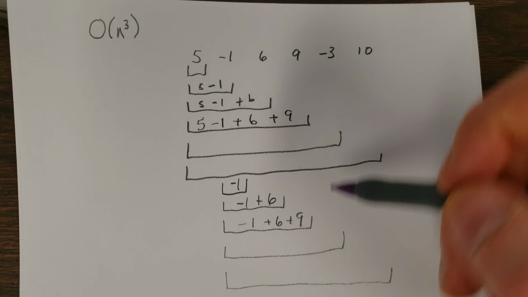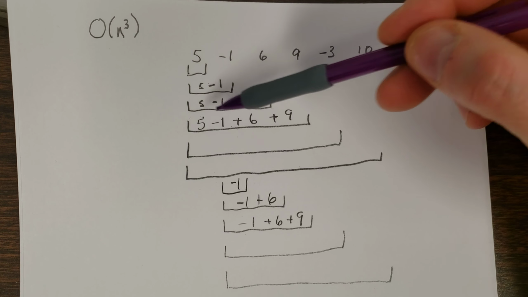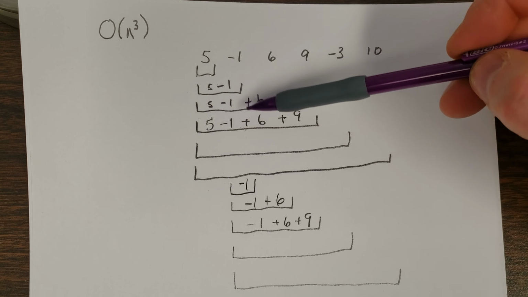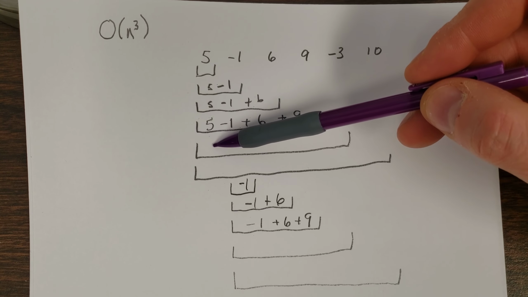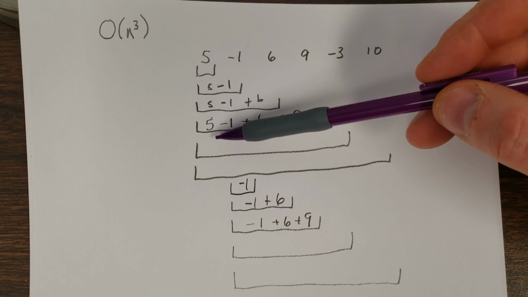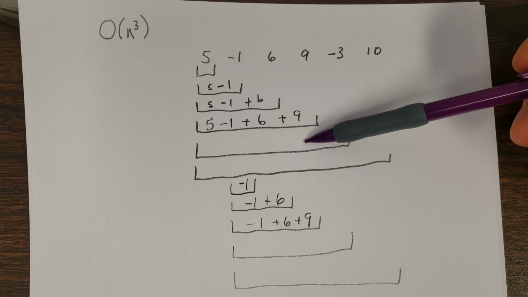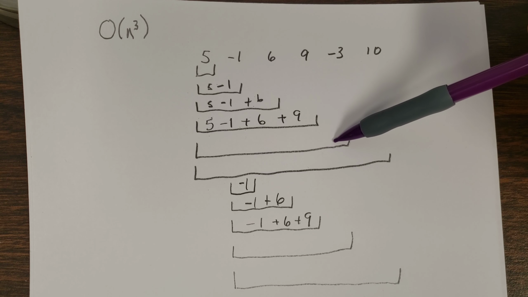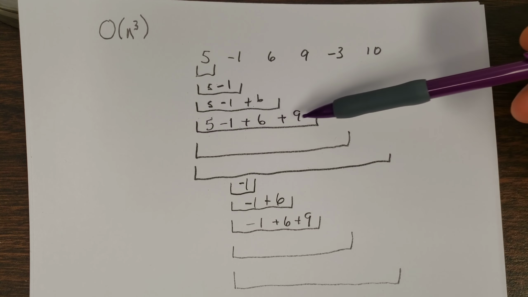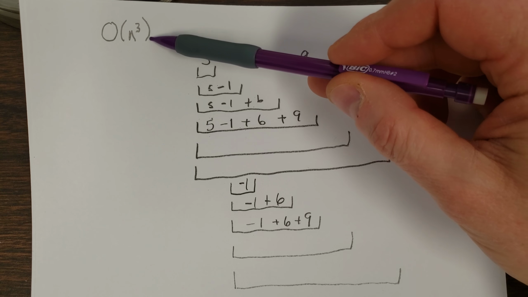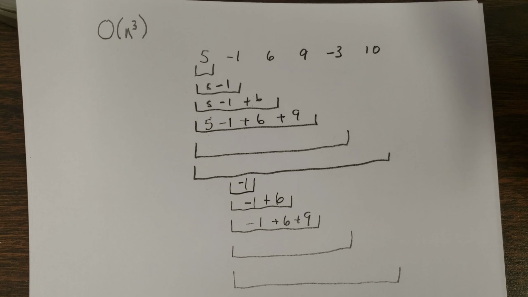This would continue going on, and we have to do a running sum each time. Each time we add a new interval, we have to start from scratch and say 5 minus 1 plus 6 plus 9. Then for this one, minus 3. So we're redoing the partial sum each time, but that's the naive n cubed algorithm, and that's one of the reasons that makes it so slow.